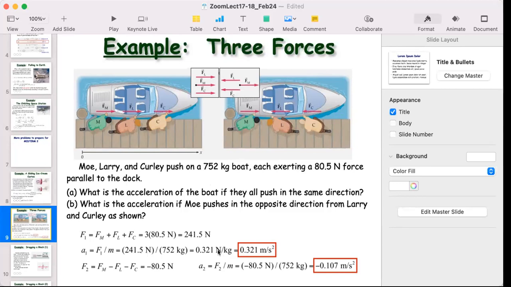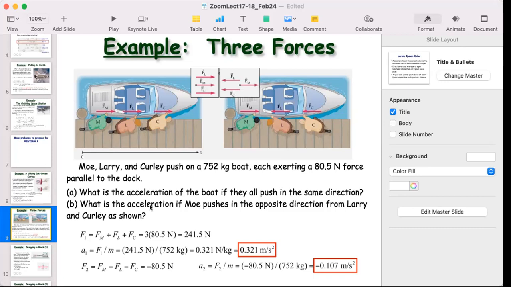Now we know that a Newton is kilogram mass multiplied by meter per second squared. And so we can remove kilogram and we just end up with 0.321 meters per second squared. Okay, so this was the answer to the first part, A.